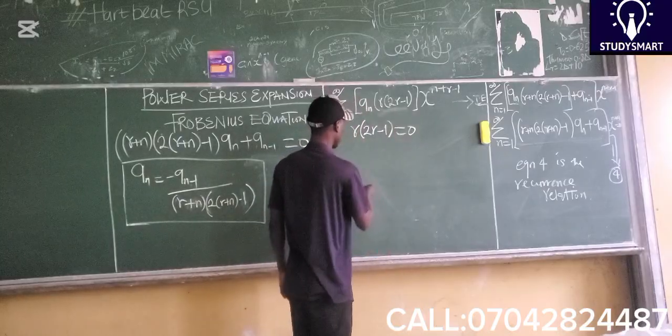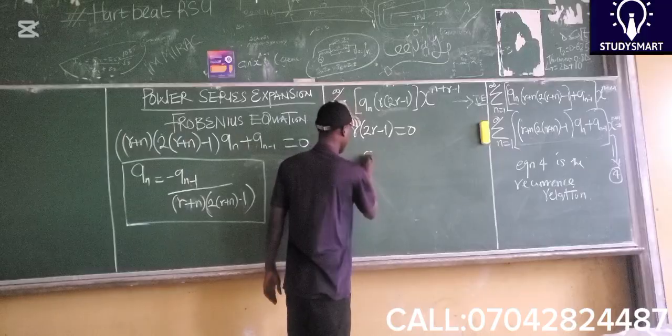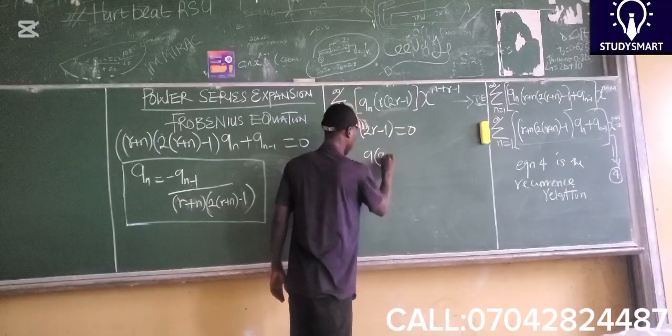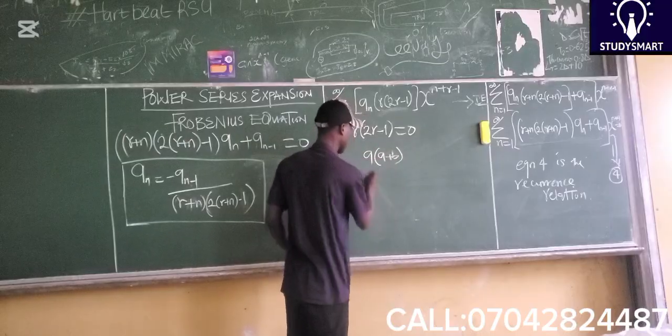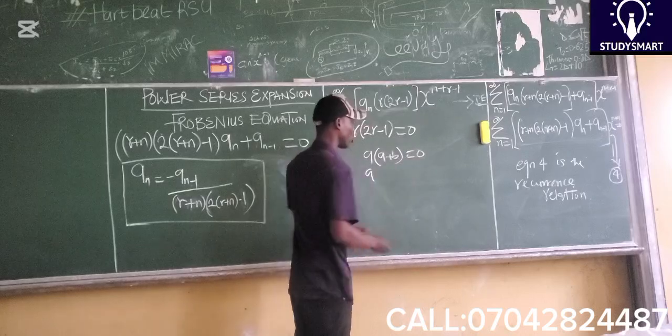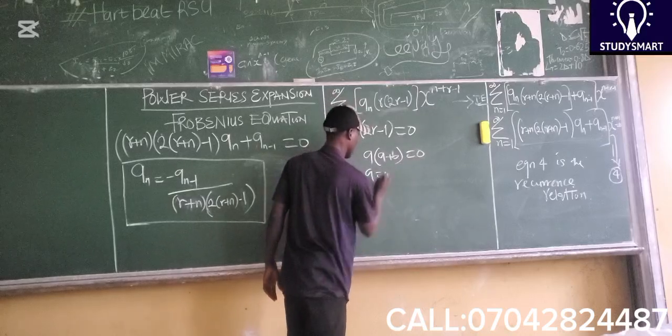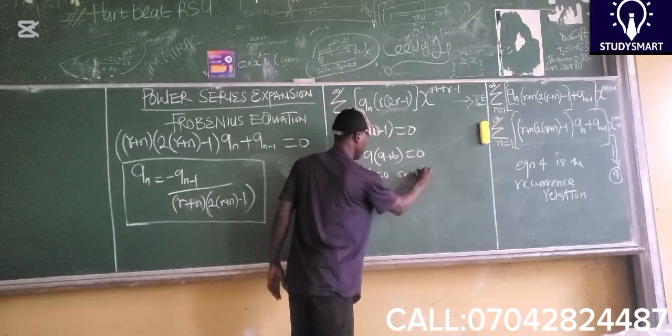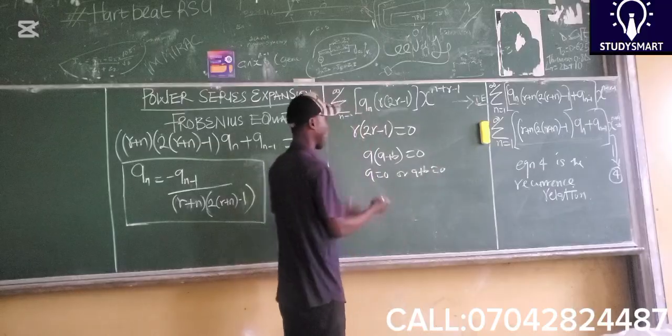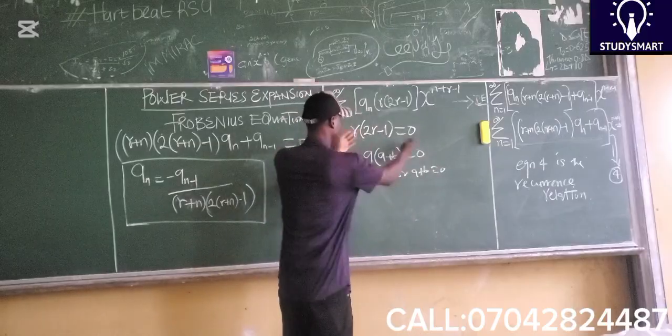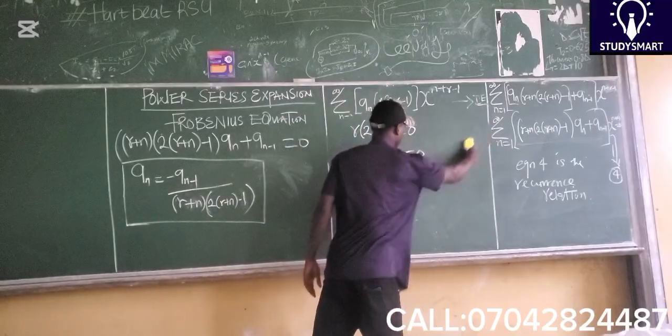Remember, when I have a into (a plus b) equal to 0, it implies that a is equal to 0 or a plus b is equal to 0. So I'm going to apply the same idea here.